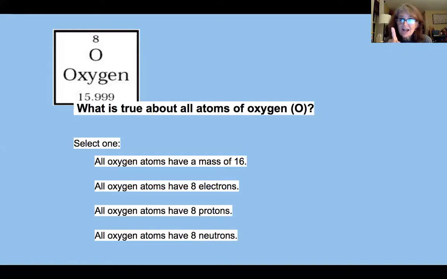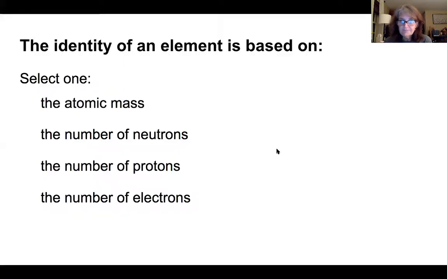Number of protons. Good for you if you got it. So every single oxygen atom has 8 protons. There you go. The identity of an element is based on the number of protons.